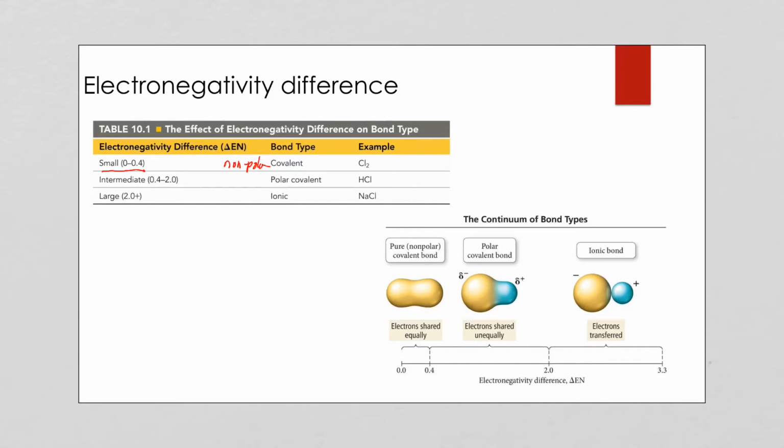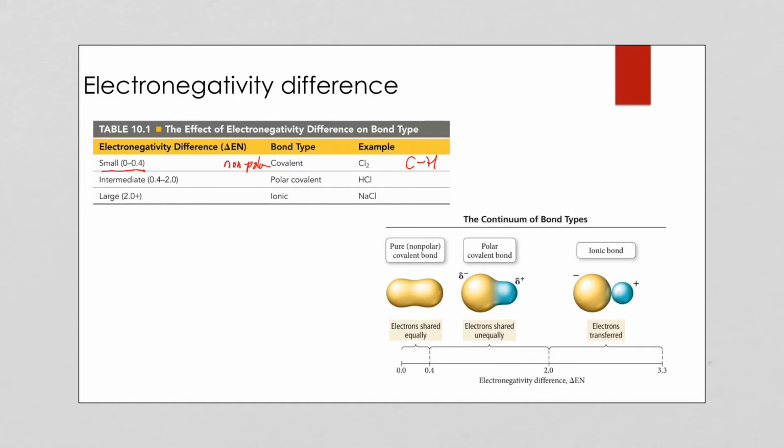You might see this where the atoms are the same, or in certain things like, for example, a C-H bond, where the electronegativity difference is 0.4. In a lot of circles that's considered a nonpolar bond, and so there's not enough separation to really make it behave like a polar bond.